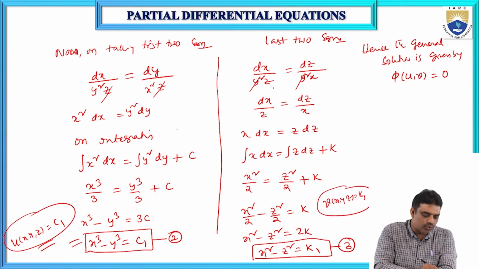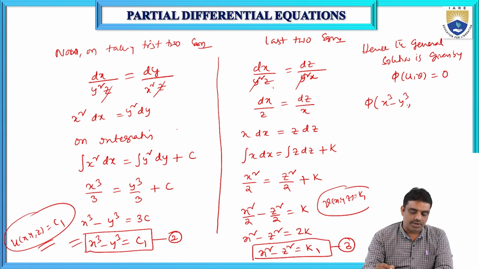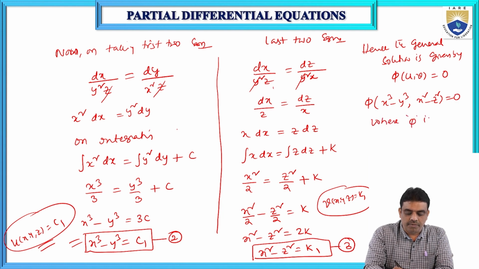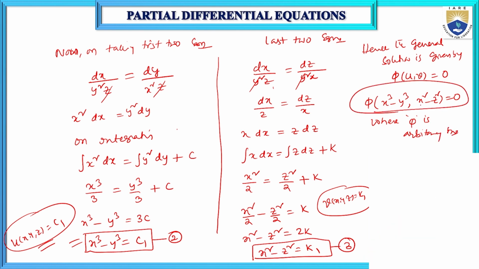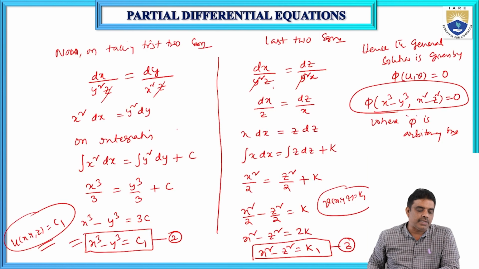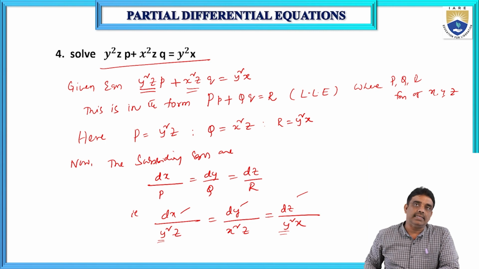So on writing these two solutions in one place, you will write phi of x cube minus y cube comma x square minus z square is equal to 0, where phi is an arbitrary function. So this is the required solution of the given partial differential equation, which is in the form Pp plus Qq is equal to R. So in this way, we can solve the Lagrange's linear equations.